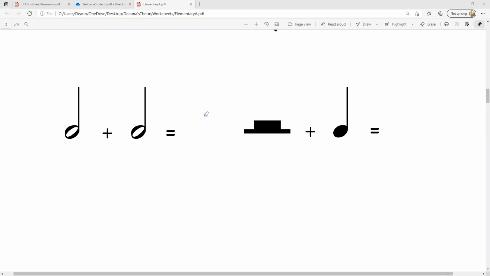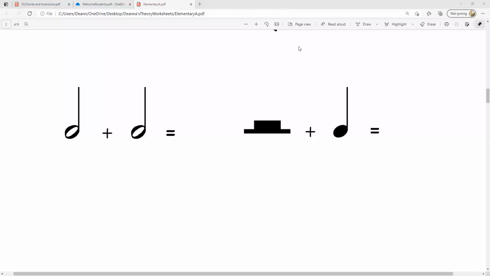Follow the directions. It's a whole note. Half rest gets 2 beats. Quarter note gets 1. 2 plus 1 is 3. Dotted half note. Pretty slick, huh?